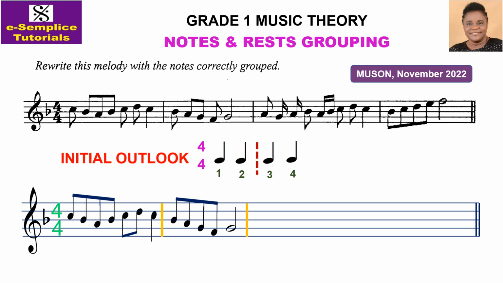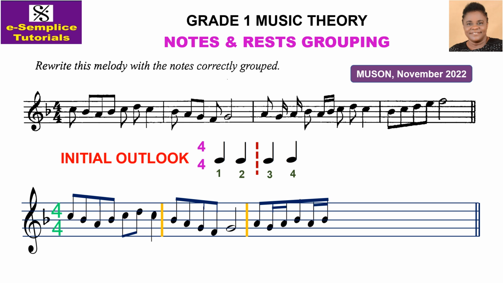If you look at it, a quaver and 2 semiquavers will form a crochet. Then the quaver and another 2 semiquavers will form another crochet. So that means the first 6 notes in bar 3, you can beam them all together to form the first part of the bar. So we have that.